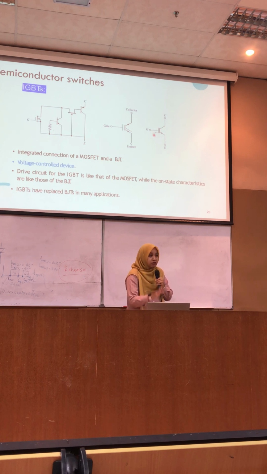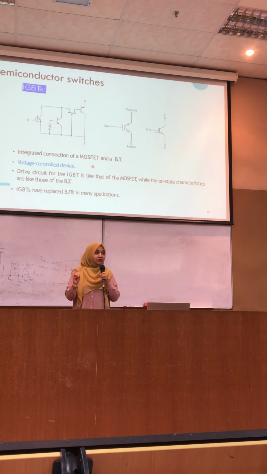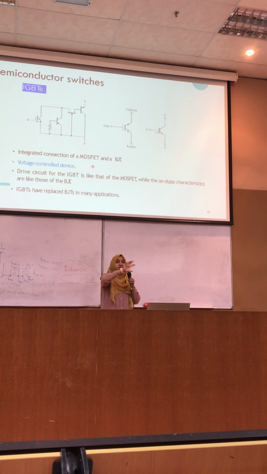This IGBT is a voltage-controlled device, so you need to supply a sufficient amount of voltage across your gate terminal for this IGBT to be turned on. So the difference between MOSFET and IGBT: MOSFET is a bi-directional device, which allows current to flow in both regions, positive and negative.